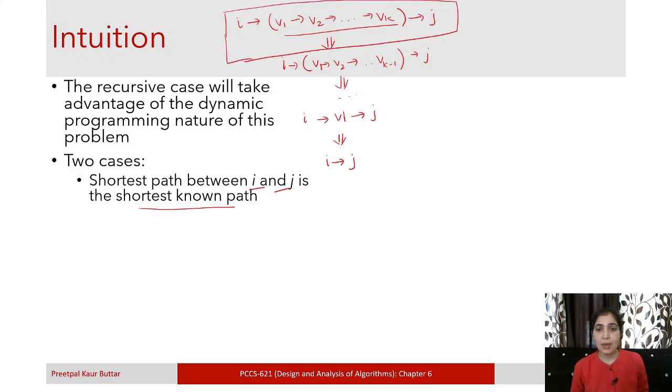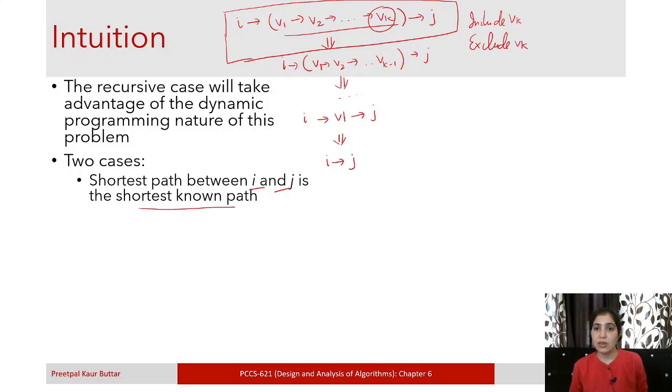So at this subproblem, there can be two solutions. The first solution is, as in other dynamic programming approaches, there were two choices. You can include this vertex Vk, or you can exclude this vertex Vk.